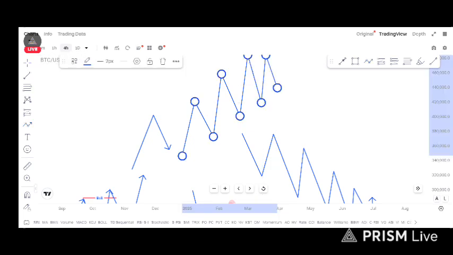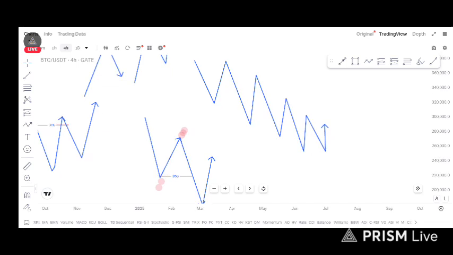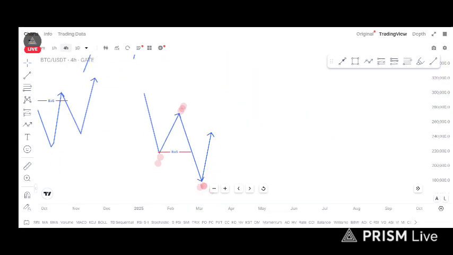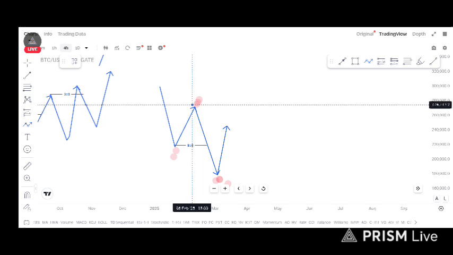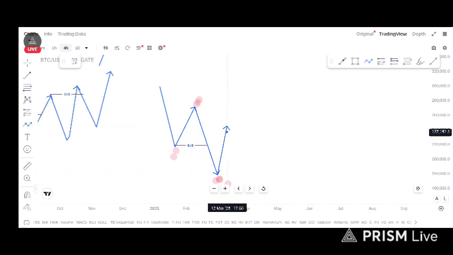Okay, that's it. So now in a downtrend, we have seen our continuation, and we have pulled back. After the pullback, we are anticipating a break of this new low, which is now our lower low.